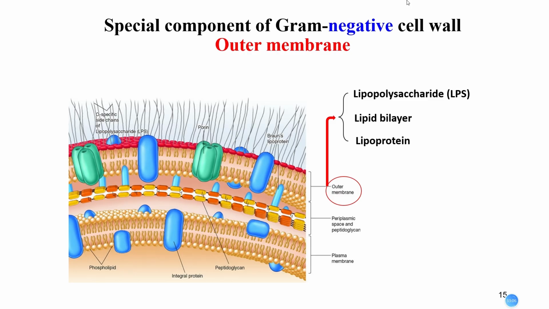Let me show you. But also on the outer membrane, you will find the lipid bilayer and also proteins or lipoproteins. Those are proteins modified by addition of lipid molecules, or some of them are glycoproteins, proteins modified by adding saccharide molecules.